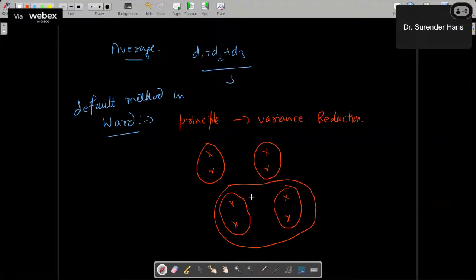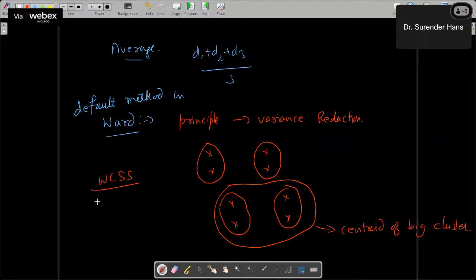Okay, fine. And we will calculate here the centroid of this big cluster. Centroid of this big cluster. Okay. And then you check the WCSS.